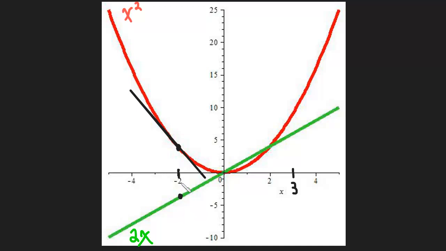So that's good right off the bat. So we want to know the slope of this tangent line. Well, we just come down to the derivative. It tells us the slope is -4. When x is -2, the derivative is -4, which means the slope of this tangent line is -4.